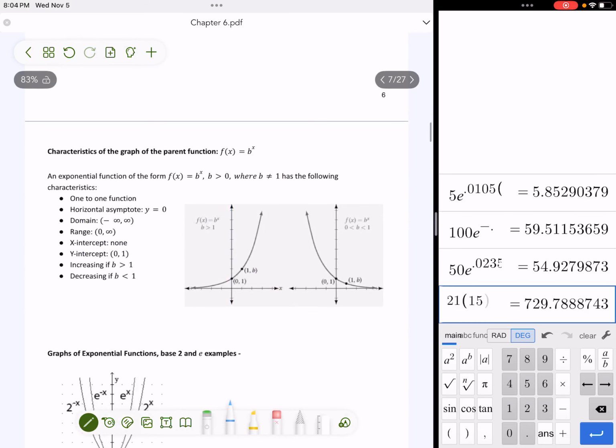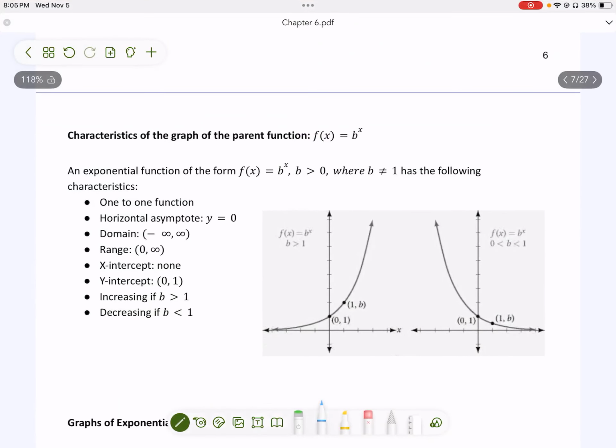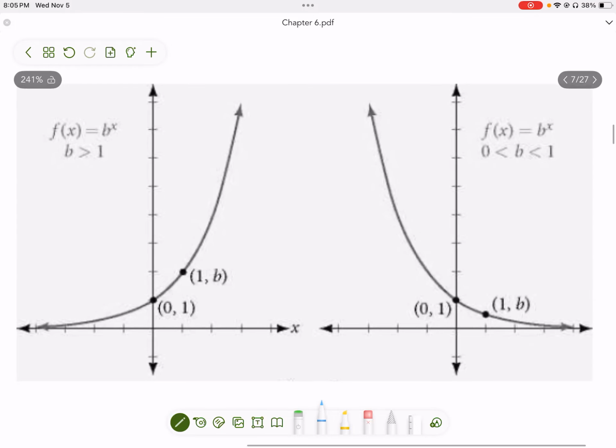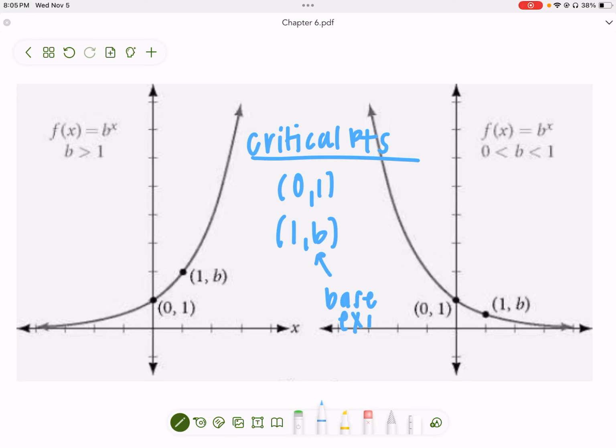Moving on. Now, let's kind of look at some of the other key features that we might need. You'll notice that there's two things that are currently plotted on this graph. And I like to call those your critical points for graphing. And they're going to be always the same for any base. 0, 1, which we talked about, and 1 comma b, which represents the base of the exponent.